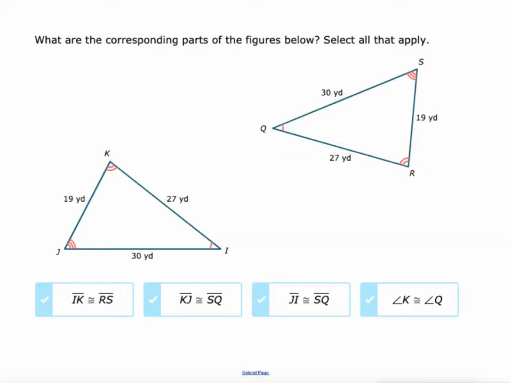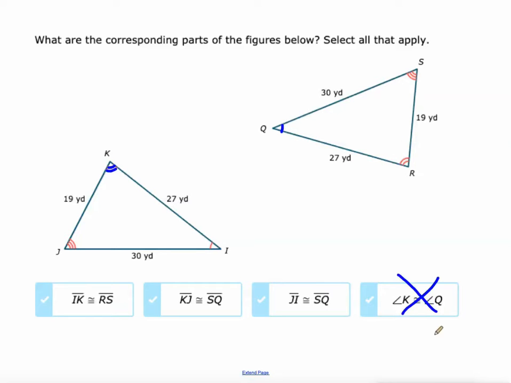All right, corresponding parts of these triangles. In this case, we're not given the measures of the angles, but we're given these marks that tell us that, for instance, angle Q is congruent to angle I. So let's check this one right off the bat. Angle K and angle Q. Angle K has two marks, and angle Q has only one mark.